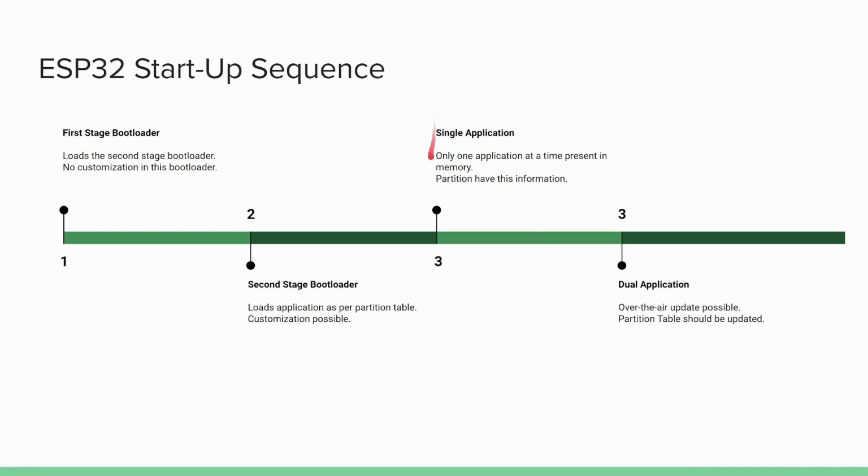In this one, you won't be able to do the over the air update, but in this case you would be able to do the over the air update as well. What happens is, one application will be running and another application will be downloaded and placed into a dedicated place in the memory, and that is defined by the partition table. So we should know how we can change the partition table as well. I will put a reference in the description to read further in detail.